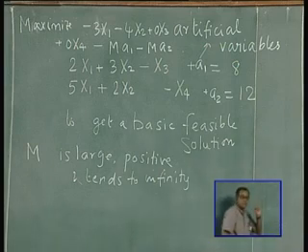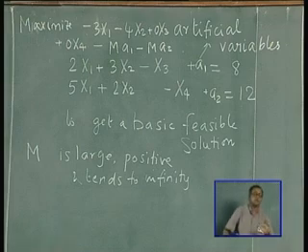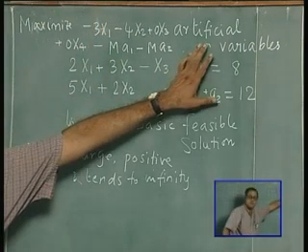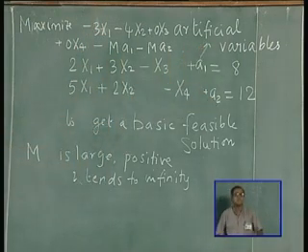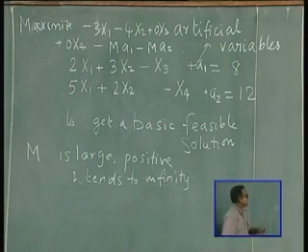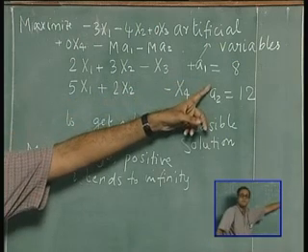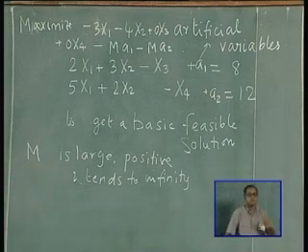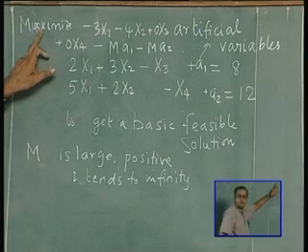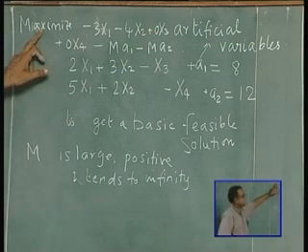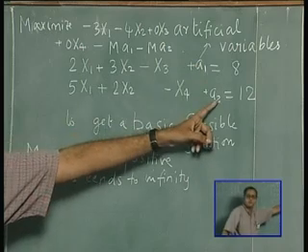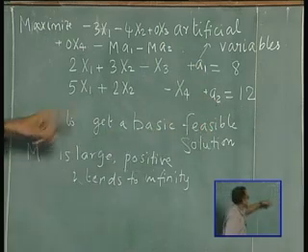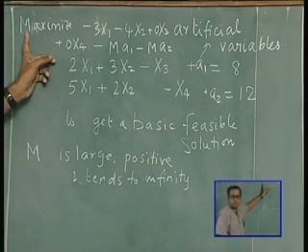So now if there is a feasible solution which does not have these artificial variables, and if there is another feasible solution which has these artificial variables, then we have to make sure that the feasible solution that does not have these artificial variables has a higher value of the objective function than every feasible solution that has one or more of these artificial variables, because we are solving a maximization problem.